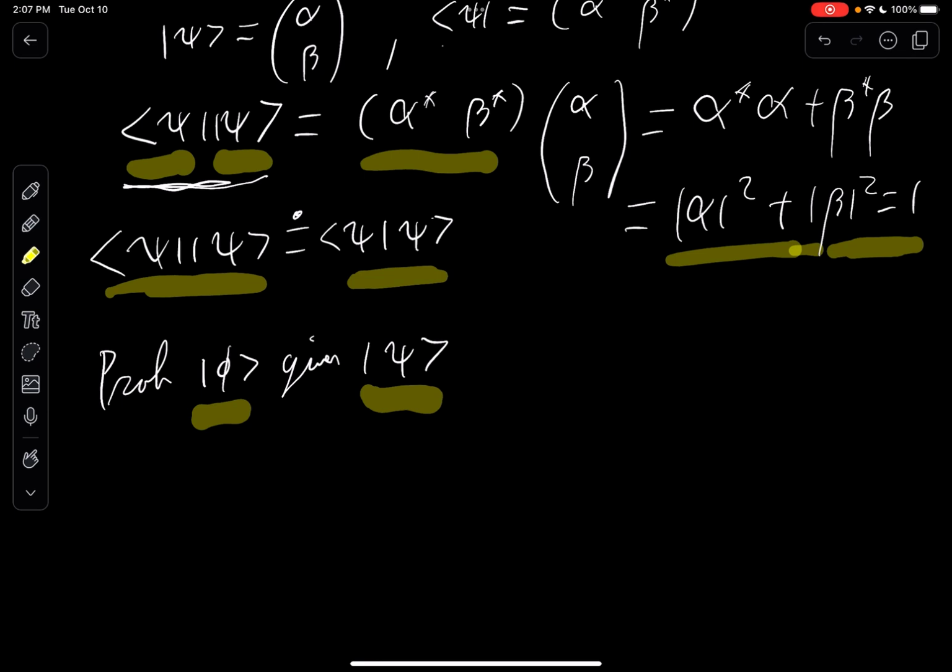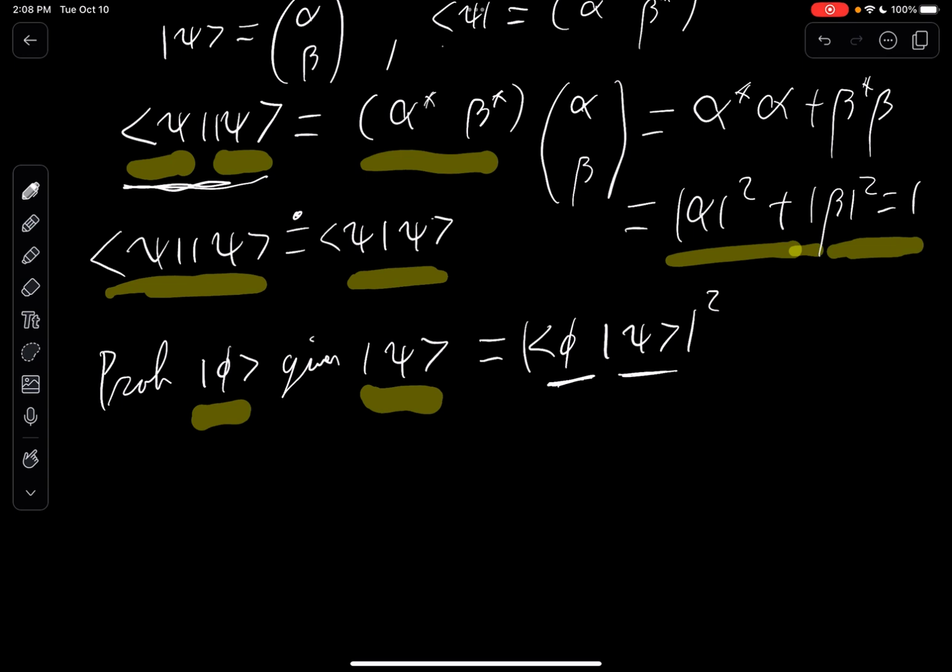This is one of the questions I'm going to ask. It turns out that the probability is given by the following. I take psi, the normal psi, then I take the conjugate transpose of phi, and I calculate this whole thing, which returns some number, a complex number in general. Then I take the absolute value squared, and that number gives me a probability.